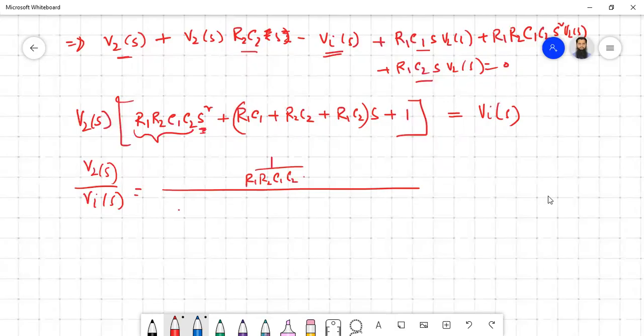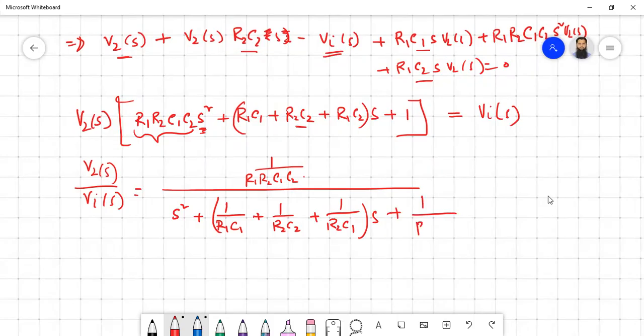Then you have s square plus, if you divide by R1 R2, you will have 1 by R2 C2, and for this one 1 by R1 C1. So you can simply write something like this: 1 by R1 C1 plus 1 by R2 C2, and plus 1 by R2 C1, S, plus 1 by R1 R2 C1 C2.